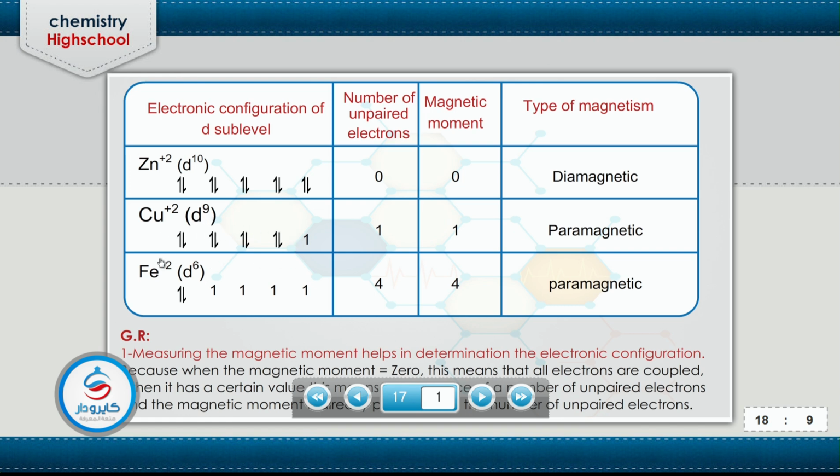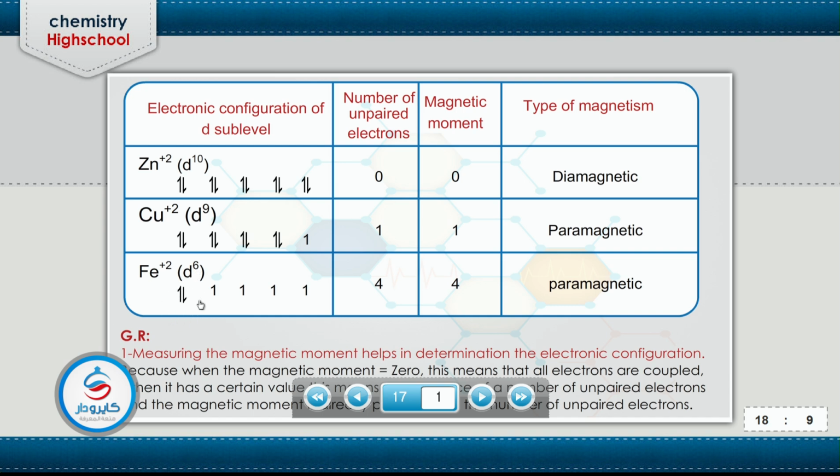In case of copper 2, the D sublevel contains 9 electrons. 8 of them are paired in their orbitals, and there is one still unpaired. So the number of unpaired electrons equals 1, and the magnetic moment equals 1. This substance is paramagnetic. In case of iron 2, the D sublevel contains 6 electrons.